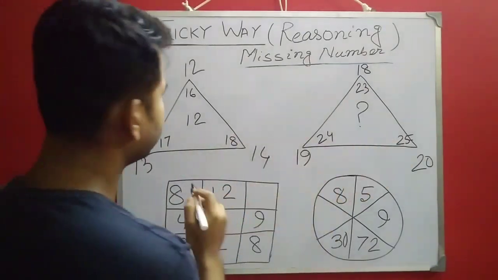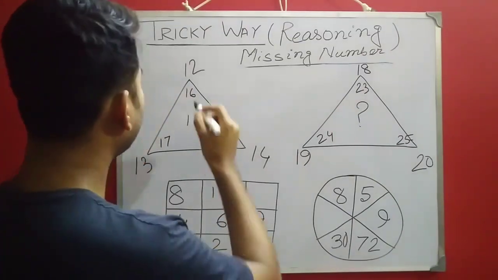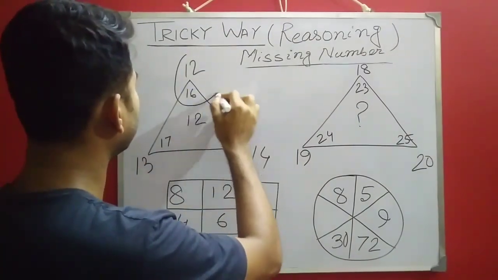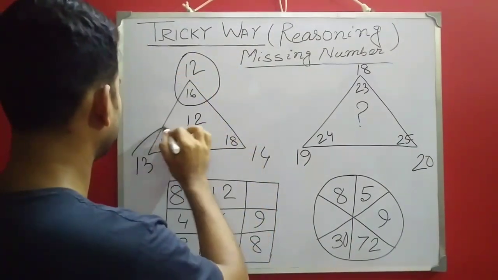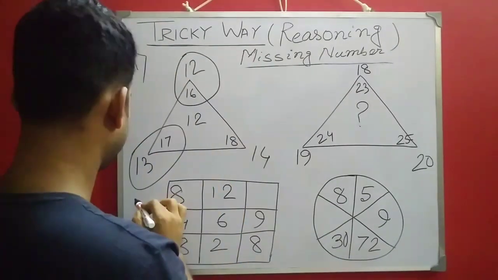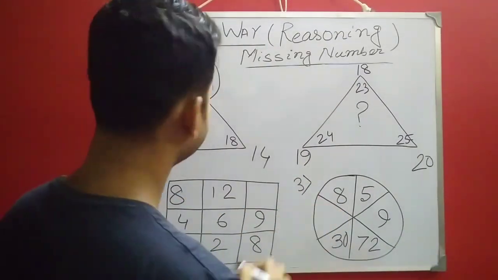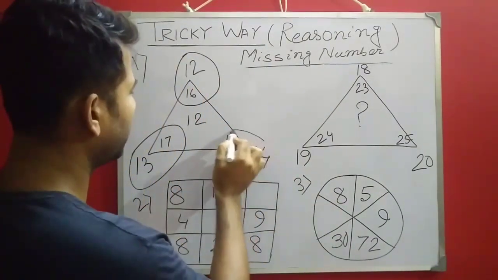For this problem, we always make a group. It is one problem, it is 2, and it's 3. Always make a group.